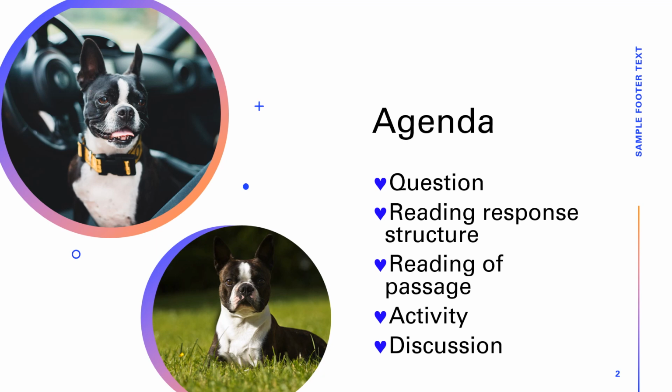And then we'll be starting with the activity. After the activity, I will also provide you time, so you can either ask me questions about your structure or your essay, or provide me with the information that you have learned within this lesson.